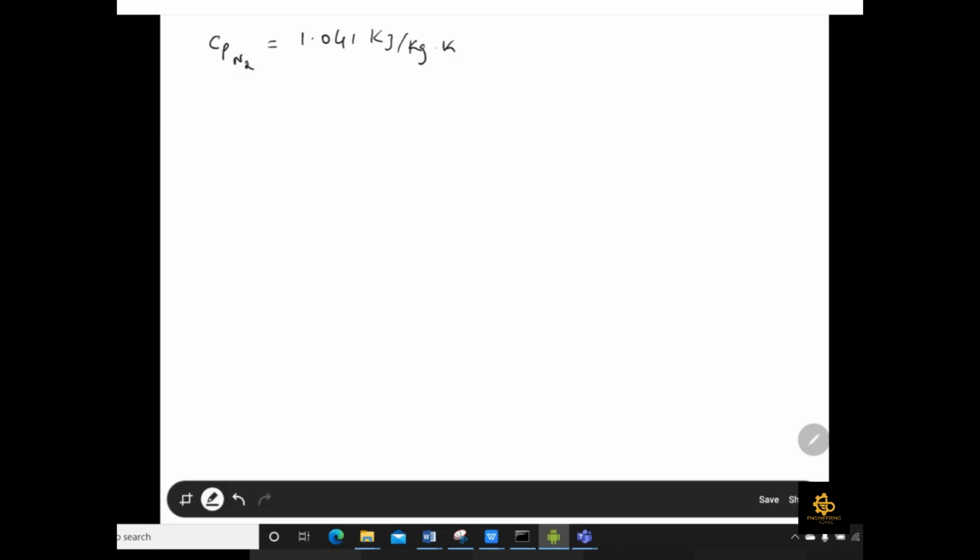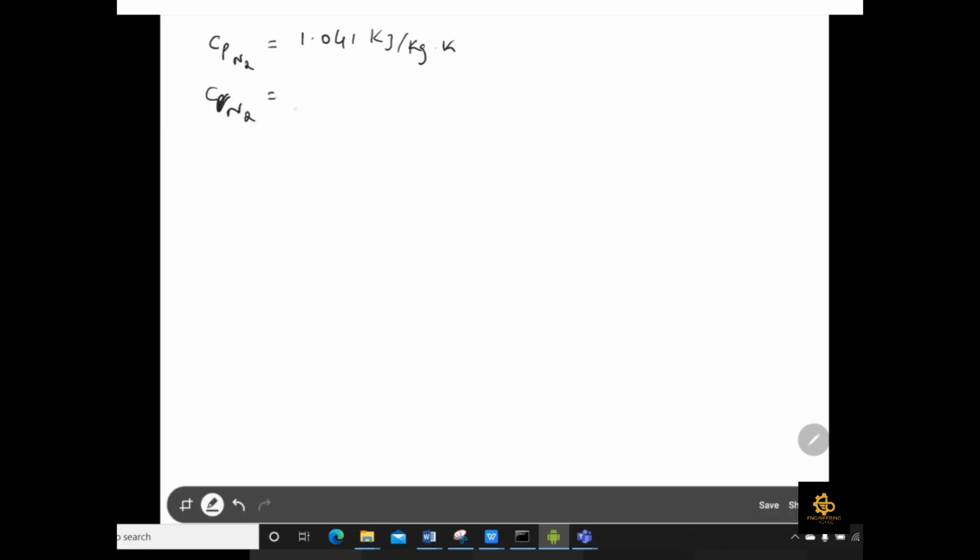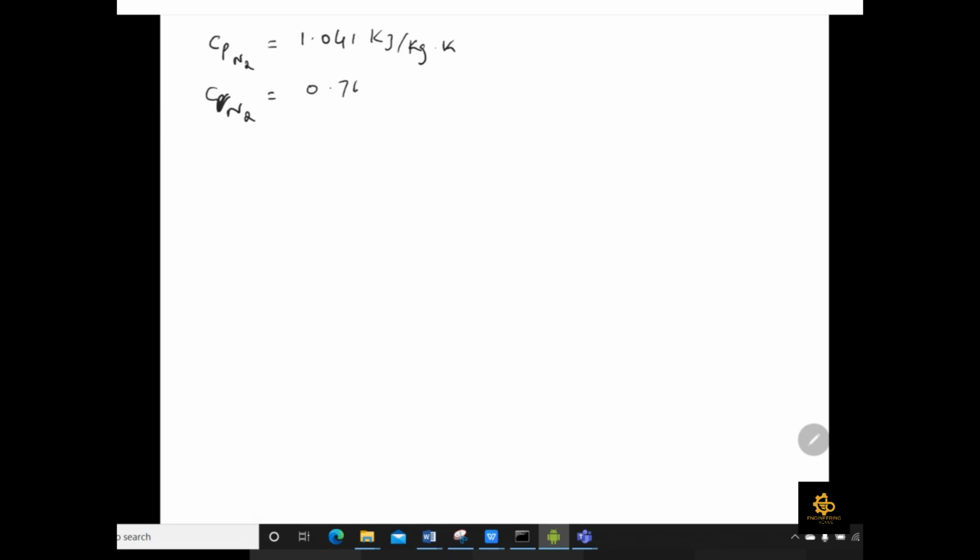In a similar way, we also have to note down the Cv value for N2, which is equal to 0.745 kilojoule per kg Kelvin.